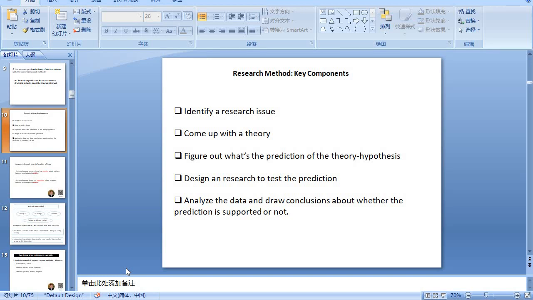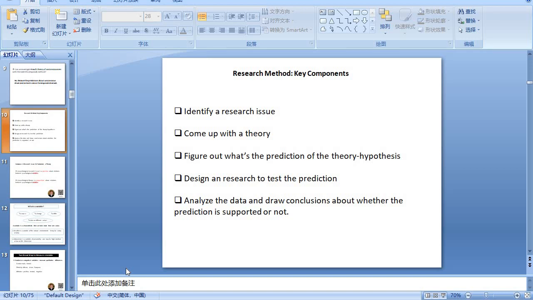This is my question. In order to answer this question, I come up with theories. Many theories have been proposed in psychology to explain anxiety, depression, friendliness, conscientiousness. Many theories have been proposed in psychology to explain human differences.